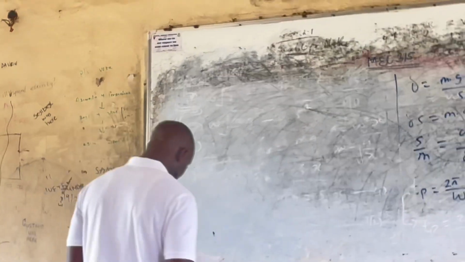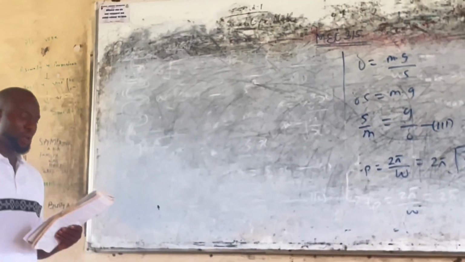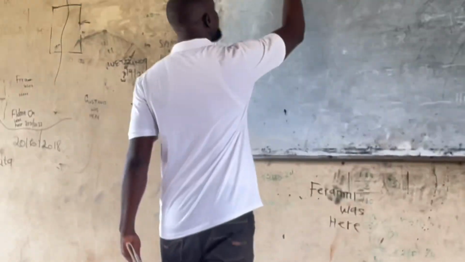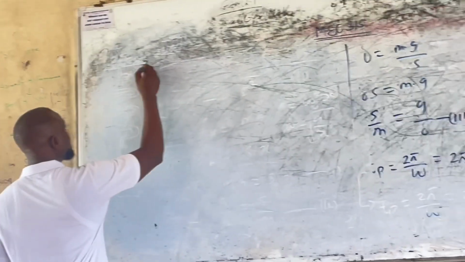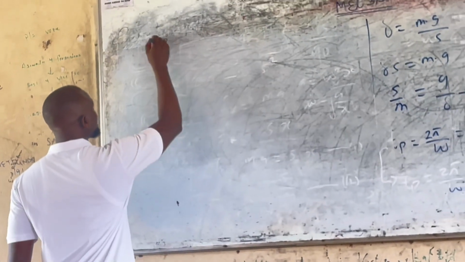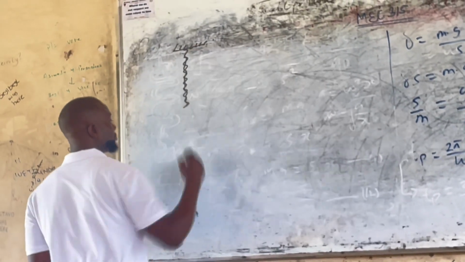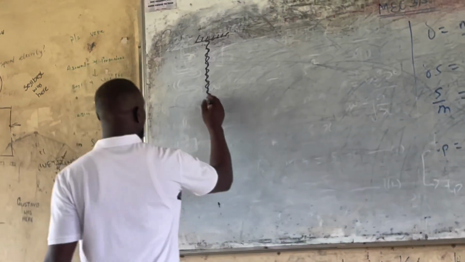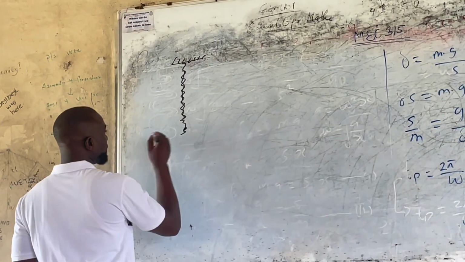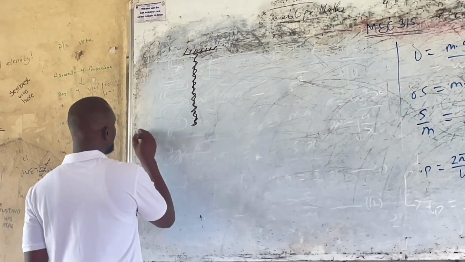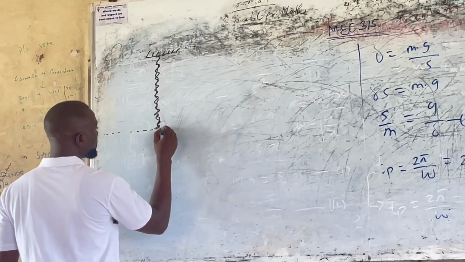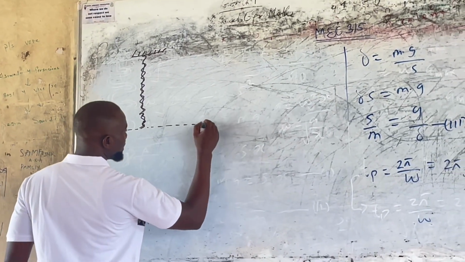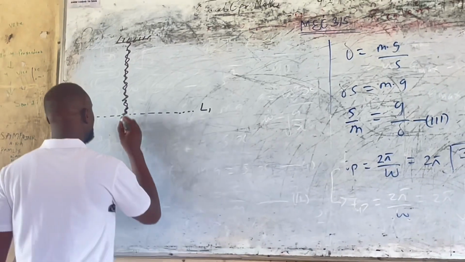Okay. So there's a spring of stiffness 2 kilonewtons. Let's say this is the spring. It's attached. At the lower end of this spring, we have two loads. Before adding load, this is the length of the spring, L1.